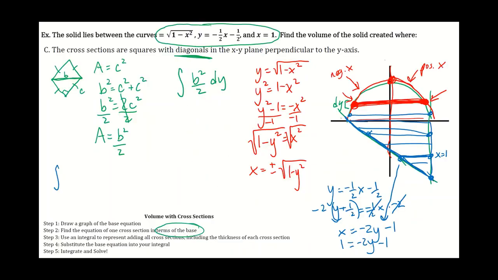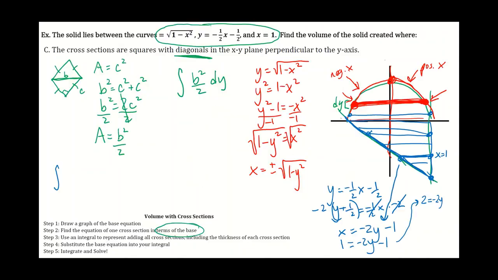Add 1 to both sides, so you get 2 equals negative 2y. Or if you have a really accurate graph, which I don't have here, my computer will just not stop, you get y equals negative 1. And then it's clear from the graph that that ends at y equals 0. So this integral is going to go from negative 1 to 0. And we're adding up b squared over 2 dy.